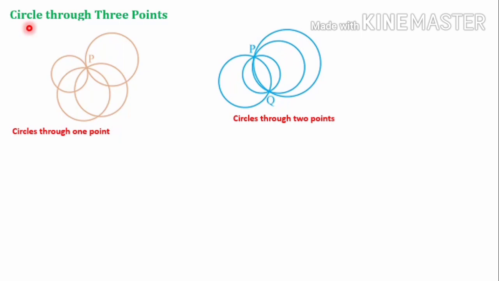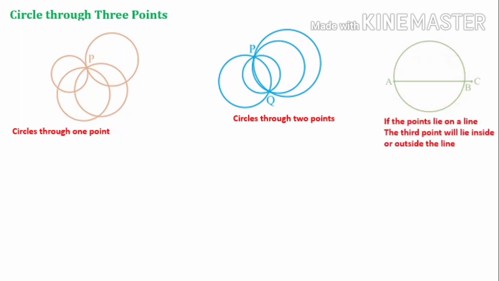Now come to our given condition, that is through 3 points. How many circles will you be able to draw through 3 points? For example, if A, B, C are lying in the same line, meaning if A, B, C are collinear, lying in the same straight line, then if you draw a circle, the third point will be either inside the circle or outside the circle.